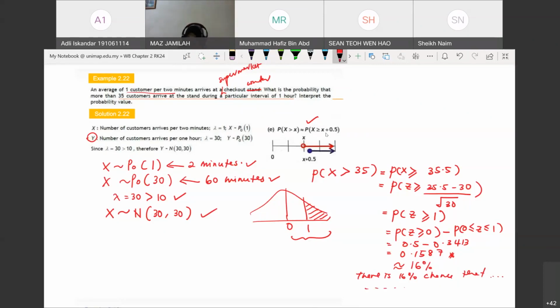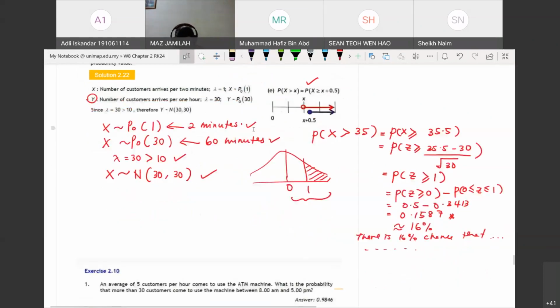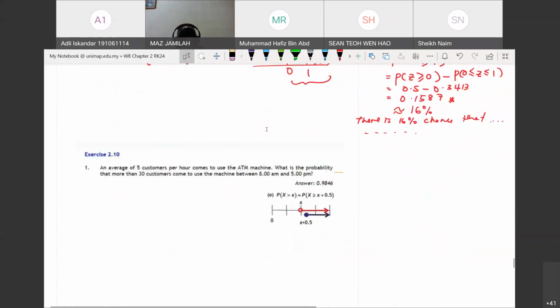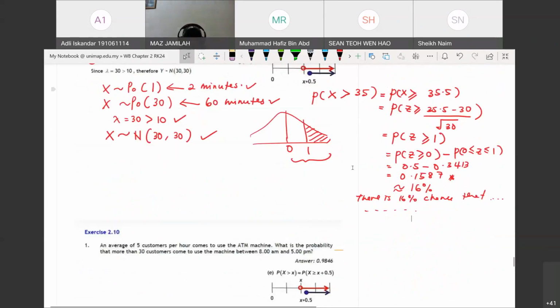Okay, so write down everything according to the given equation. Okay, any questions so far before we go to the exercise? No, doctor. Okay, no question.